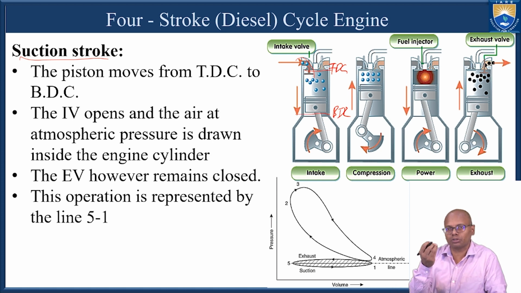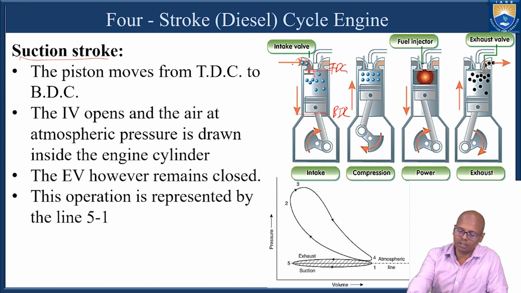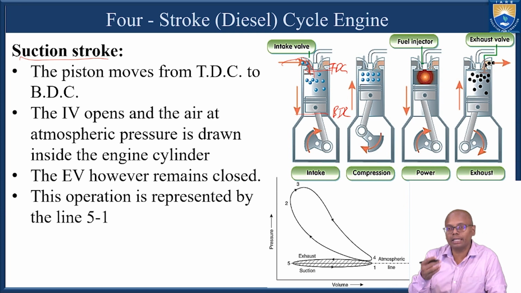Because of that, air is allowed to pass through the valve into the cylinder. During this stroke the exhaust valve remains closed, and the operation is represented by the line 5 to 1. So 5 to 1 represents the suction of pure air inside the cylinder. That is the suction stroke.